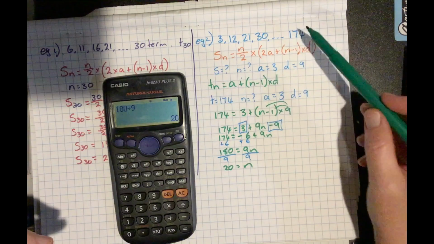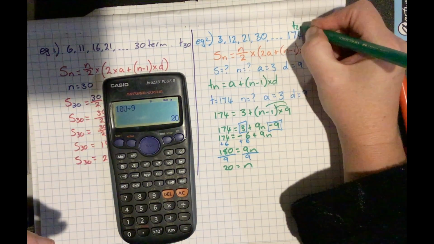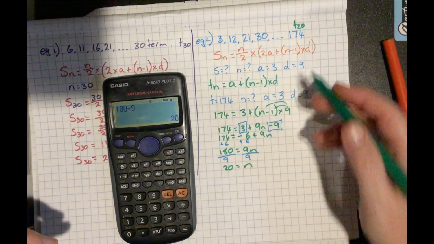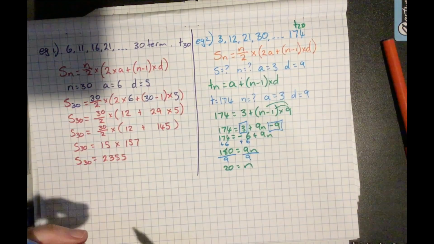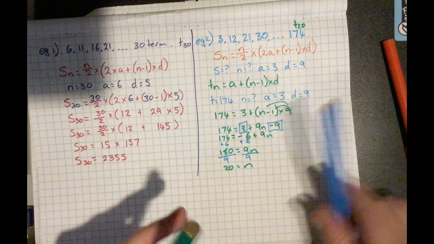What did we just find? We found out that this value here is in fact term 20, which now we know n for the formula. So let's go through and put that in.